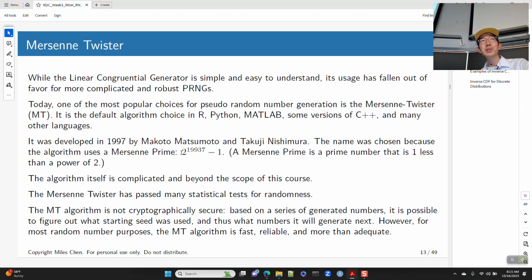The algorithm itself is really, really complicated. It uses bit shifting. So, you think about your binary number, and you can bit shift, which will basically multiply by a power of 2 or divide by a power of 2, and it takes your 101 and shifts it to the left to be 1010 or whatever it is.